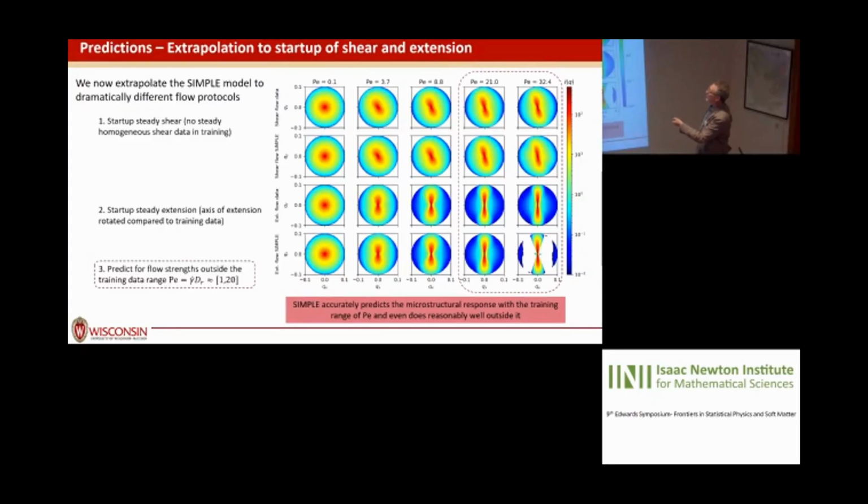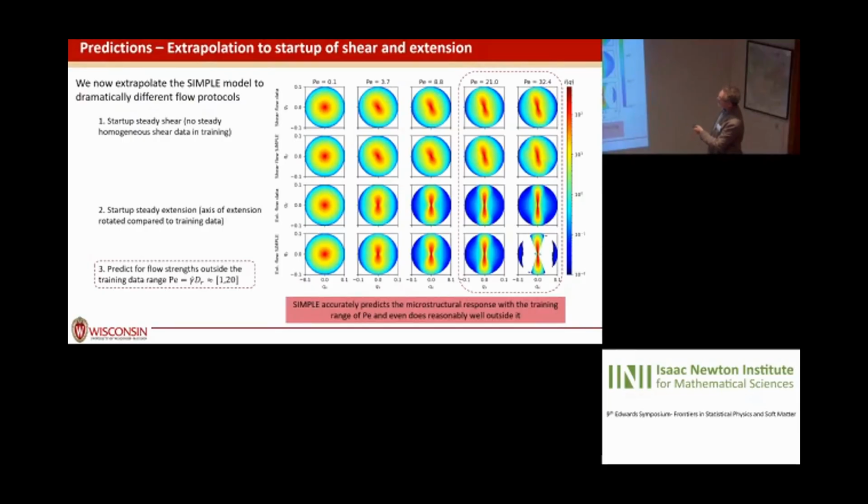And we agree very well. The local Peclet number is varying from point to point in these flows. We just estimate a Peclet number based on the strain rate at the stagnation point, right? But we can actually extrapolate a little bit. The dashed boundary there is outside the region of Peclet number where we have data. Works okay. This is startup of steady extension.